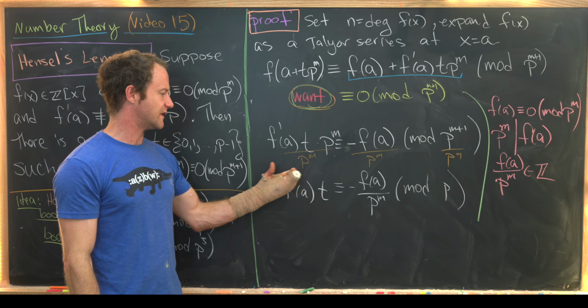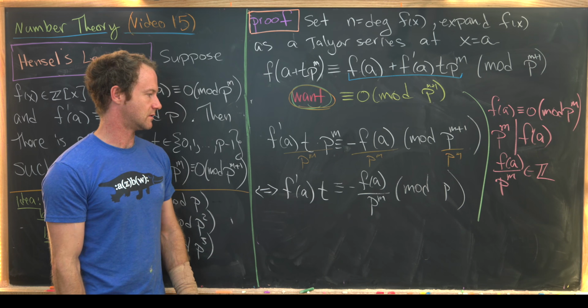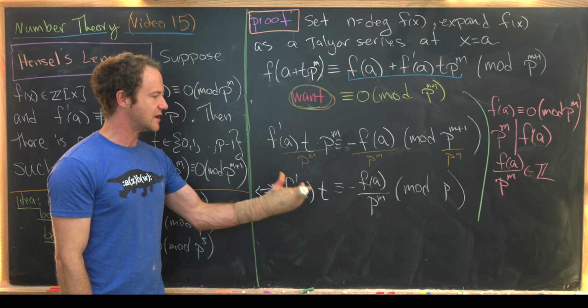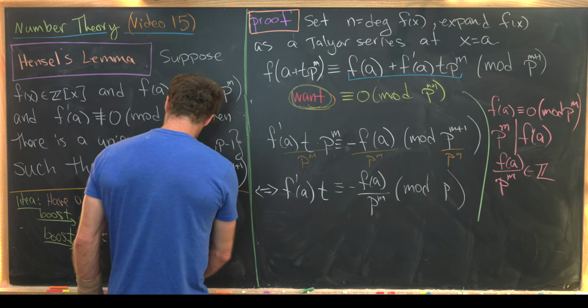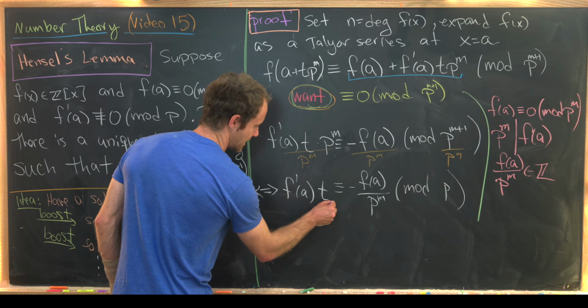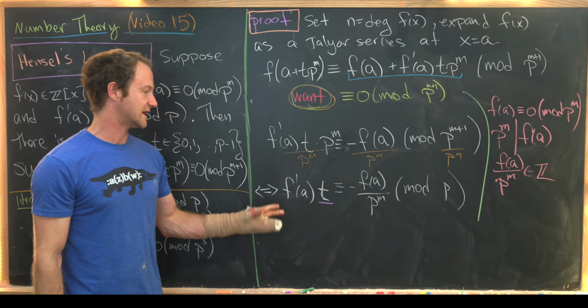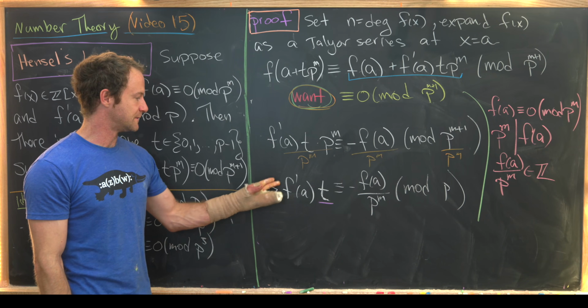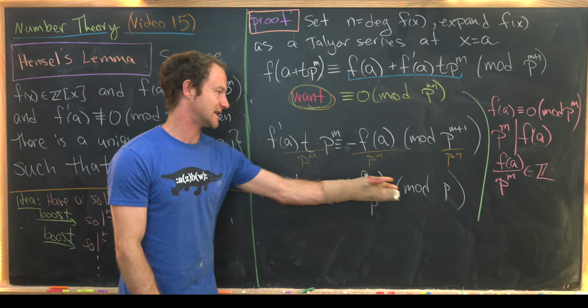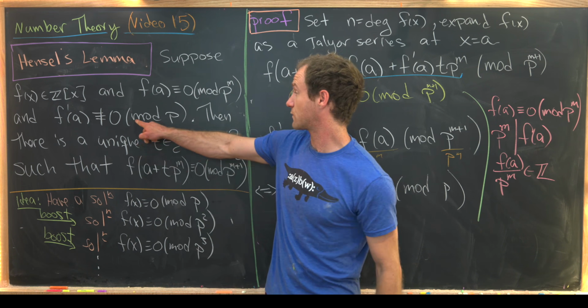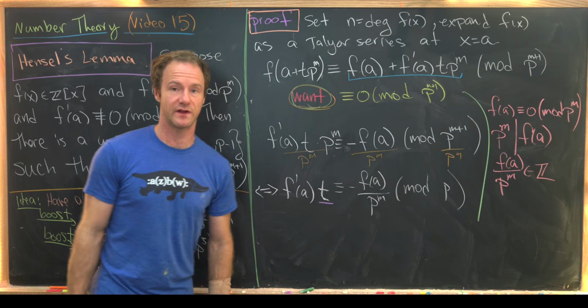Now we have to argue that this has a unique solution. So how do we know that this has a unique solution? I guess I should be more thorough and say I mean a unique solution for this t here. Well, let's notice by assumption, f prime of a is not 0 mod p. That's one of our assumptions that we haven't done anything with yet.